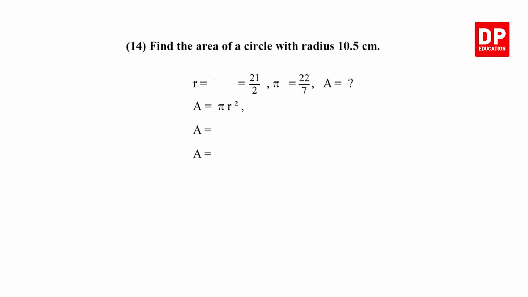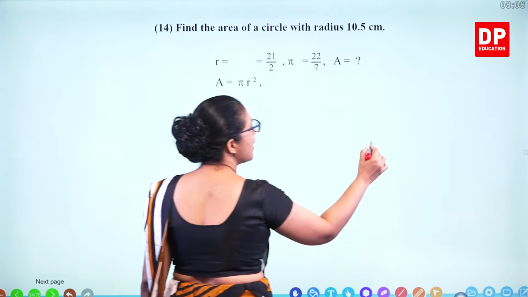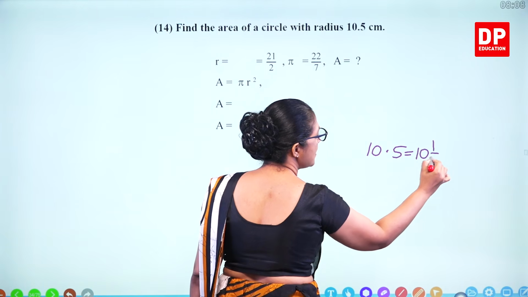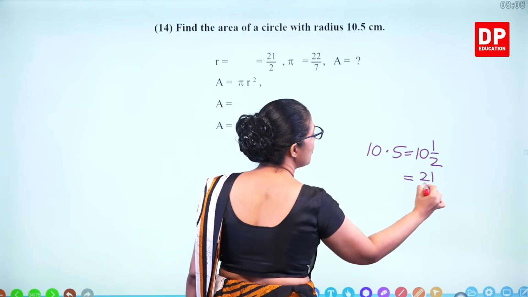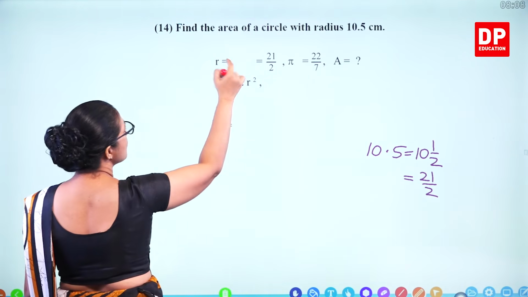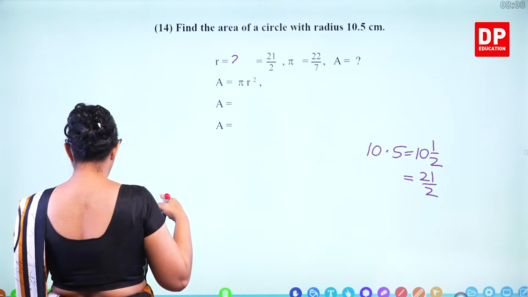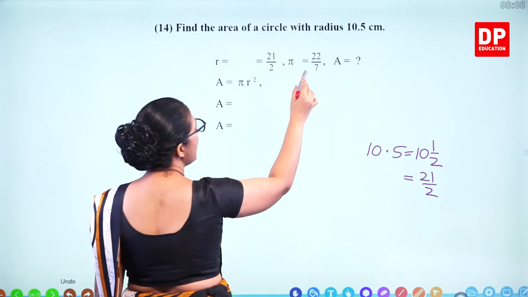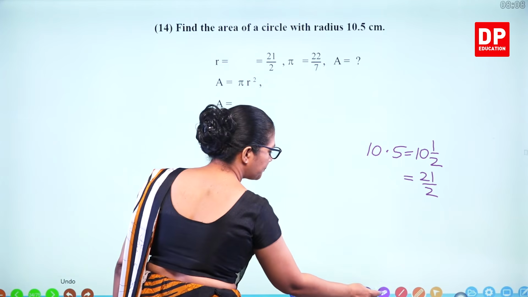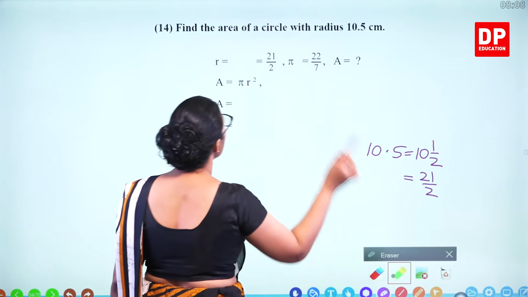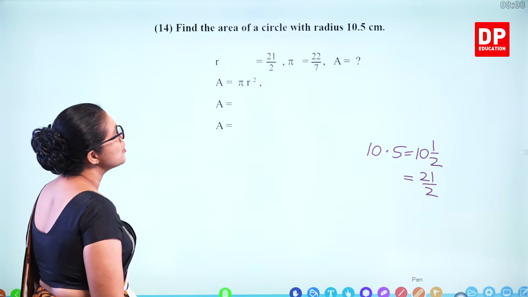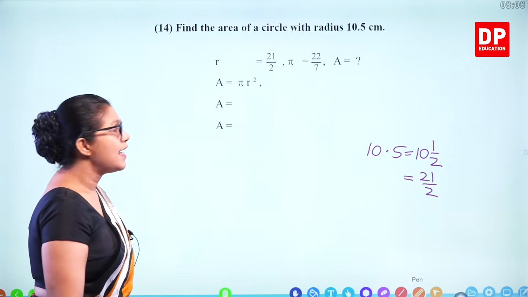Find the area of a circle with radius 10.5. So 10.5 we can write as 10 and a half, or as an improper fraction 21 over 2. So R is here given 21 over 2 and pi is 22 over 7. You need to find the area.